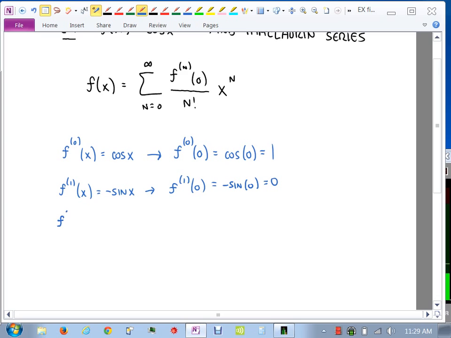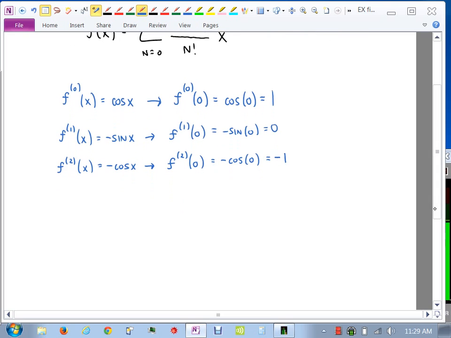Now take the second derivative, which is negative cosine x. Now plug in 0. So negative cosine of 0 is negative 1. If I go one more time, I should get 0, and then it should start cycling, right? Now, sine and cosine are nice because they cycle, but not every function you ever do is going to cycle.